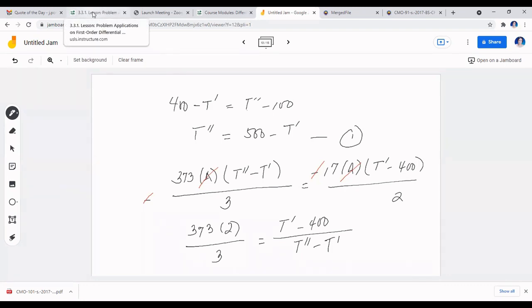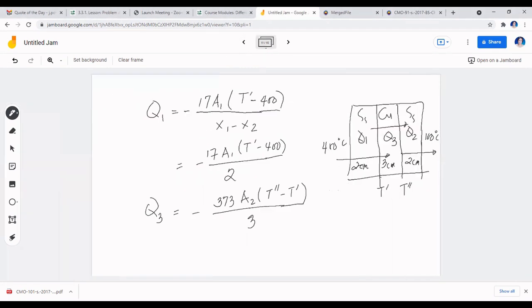Okay, if there aren't any questions, one here in the chat box. Miss, how do you know whether it's T prime minus T double prime or T double prime minus T prime?